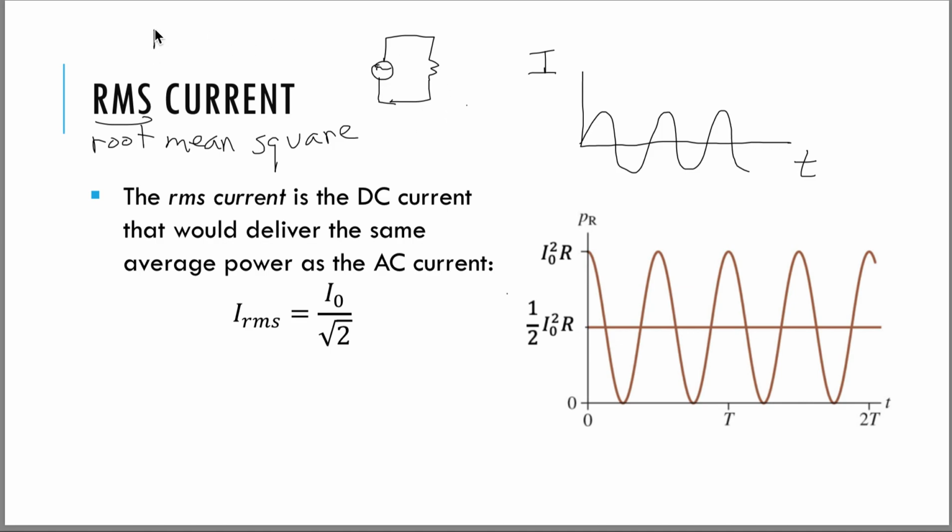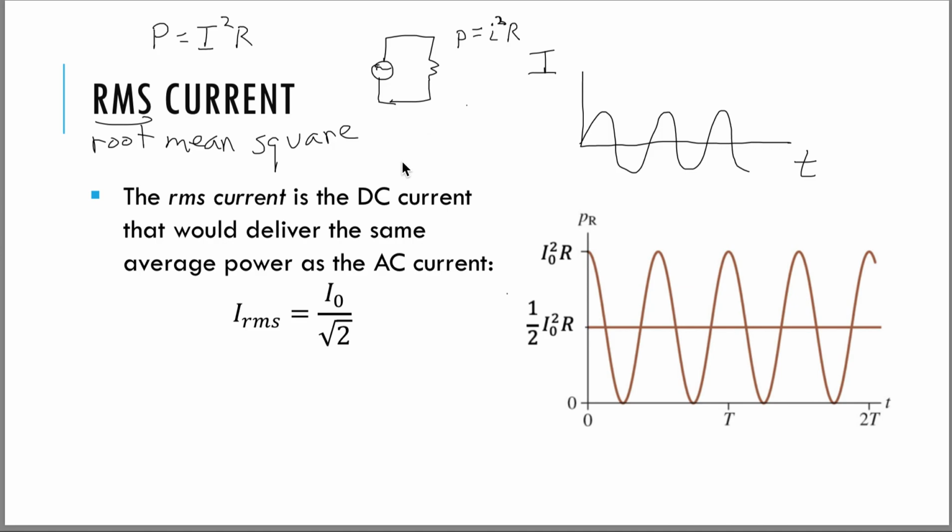In DC circuits, we learned that power through a resistor is I squared R. For an AC circuit, we would only be able to find the power at a particular time. We could say the power is the current at that time, squared, times R, but that's not very useful. However, looking at power can give us an average value of current that can be very useful.